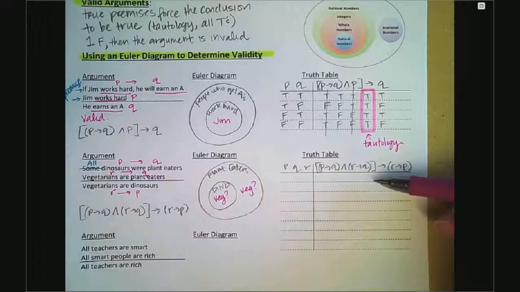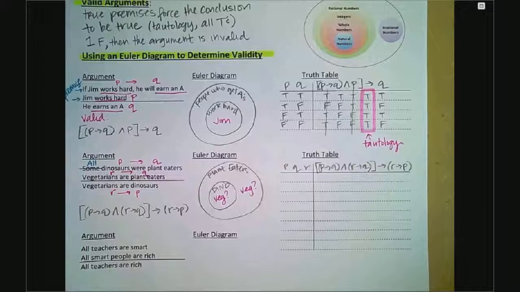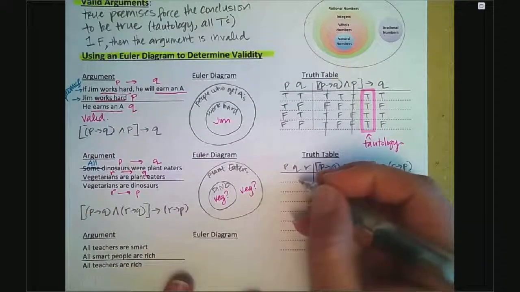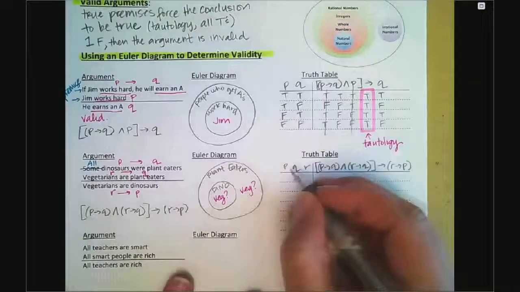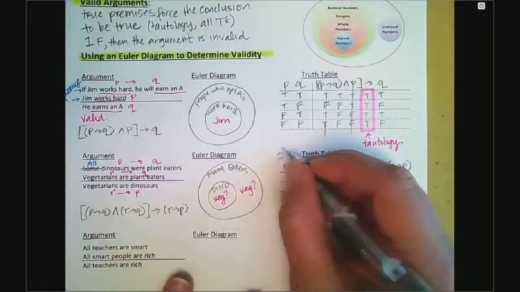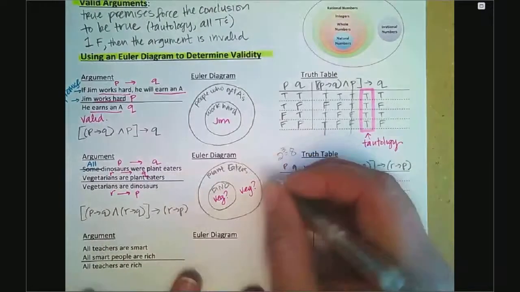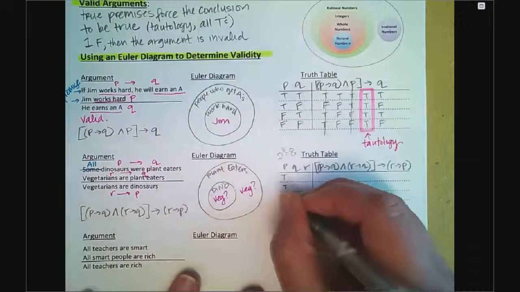So let's list this out. I have 8 possible outcomes because I have 3 statements. 2 cubed is 8. That's true, true, true, true, false, false, false, false.